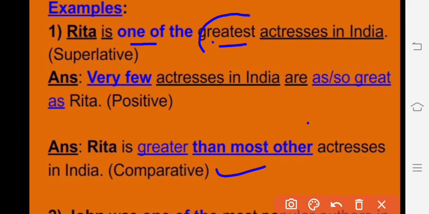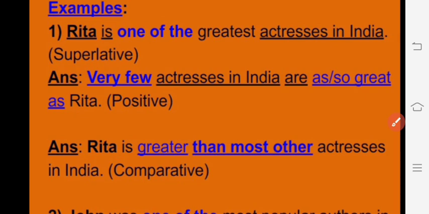So Rita is greater than most other. One of the you have to remove, and if one of the is given in superlative, you must apply than most other. Don't apply only most other, but than most other. So Rita is greater than most other actresses in India.